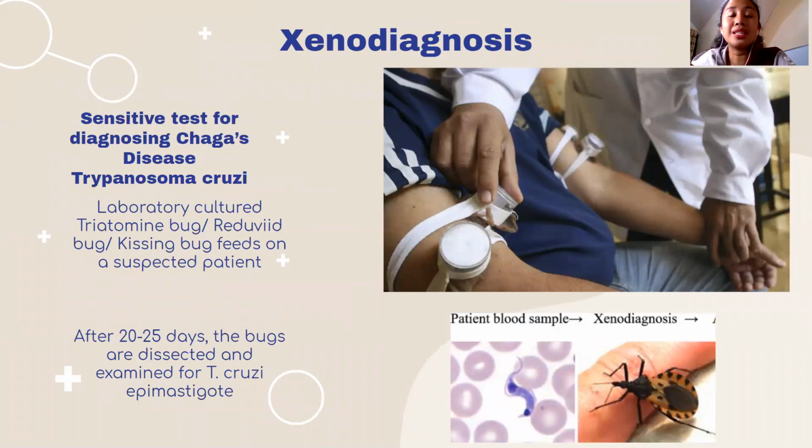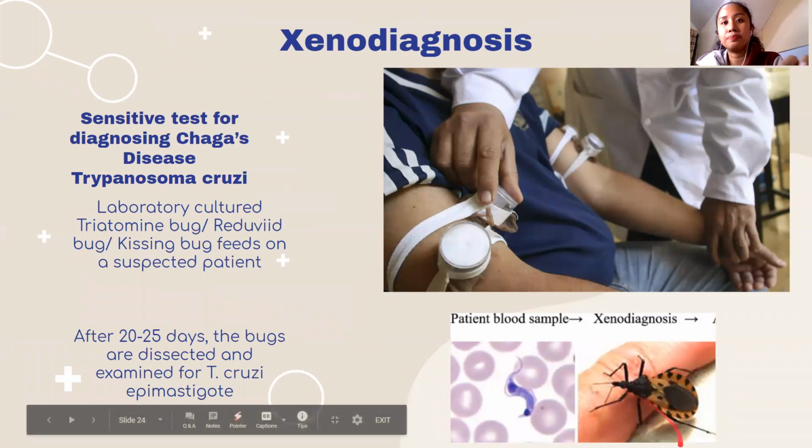Up to now, this is utilized in Chagas disease. It is a sensitive test for diagnosing Chagas disease. Chagas disease, guys, is caused by Trypanosoma cruzi, which is a hemoflagellate, so it has flagella.